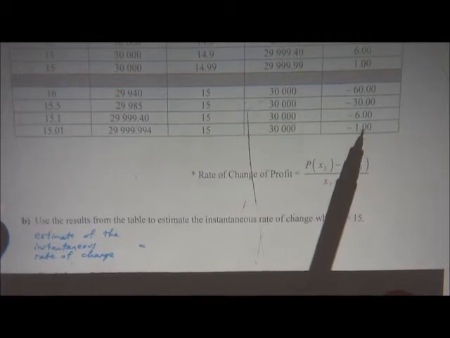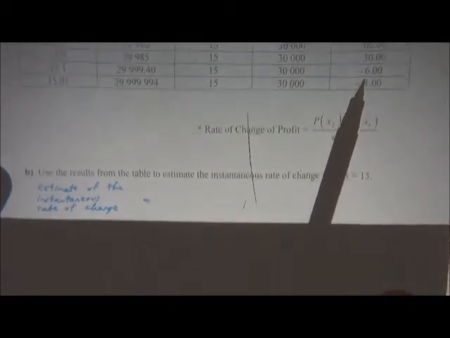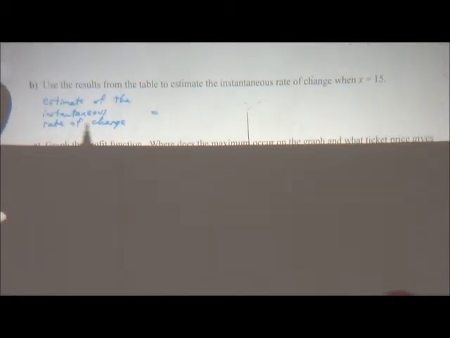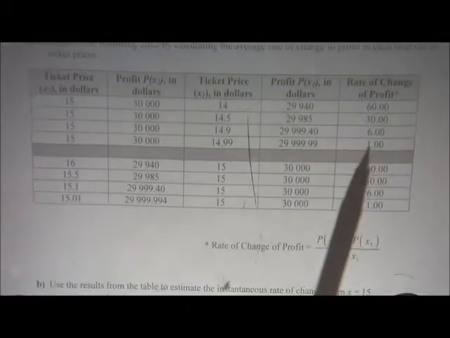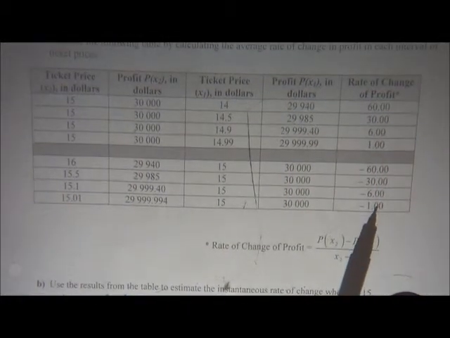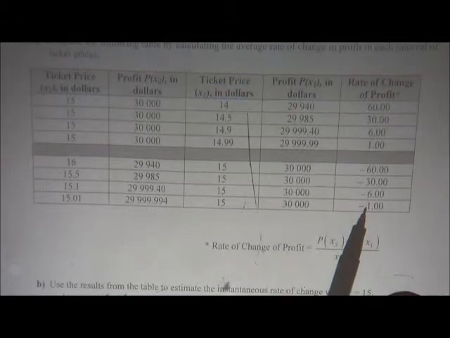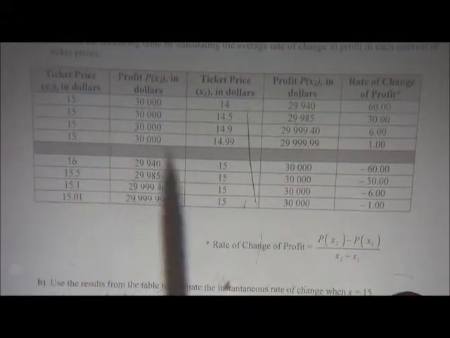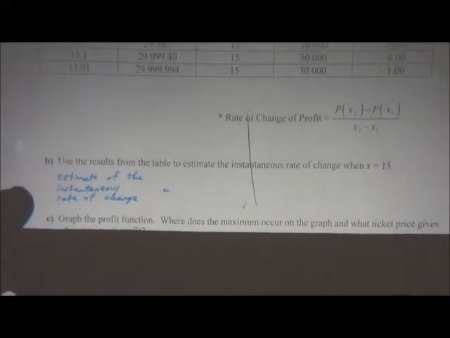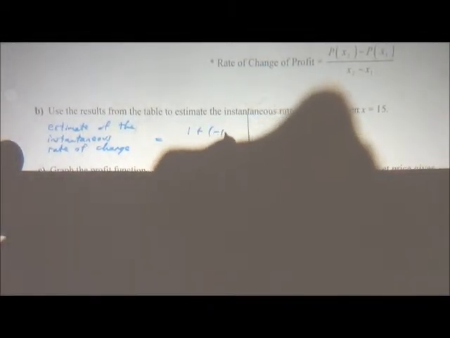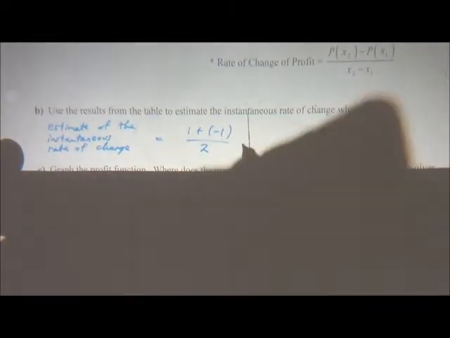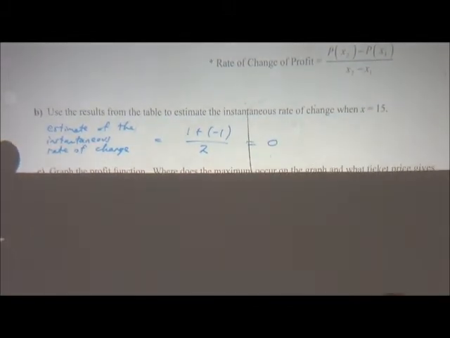It only becomes the estimate of the instantaneous rate of change when you take the last two results, the ones that are closest to the target value that you're looking at, in this case $15, and take the average of those. So we've got 1 plus -1 all over 2, and that gives us 0.